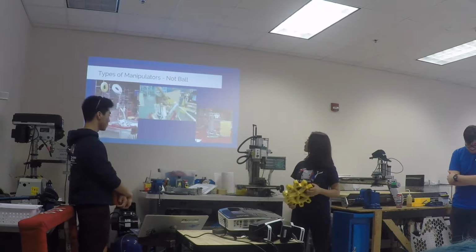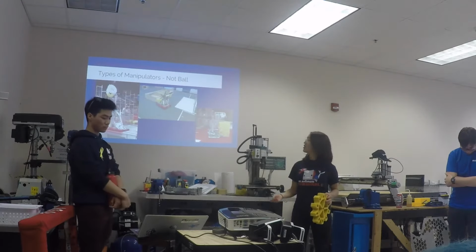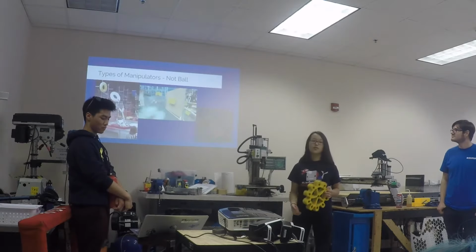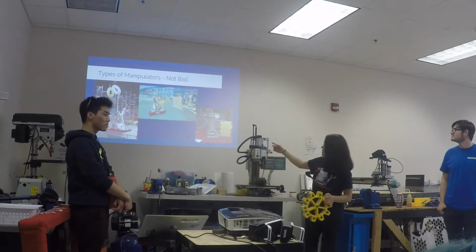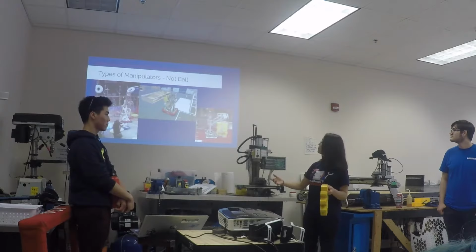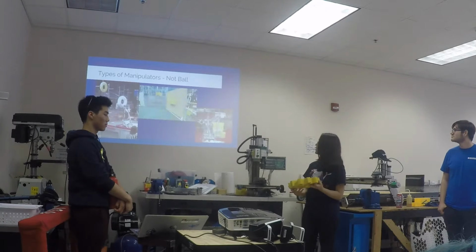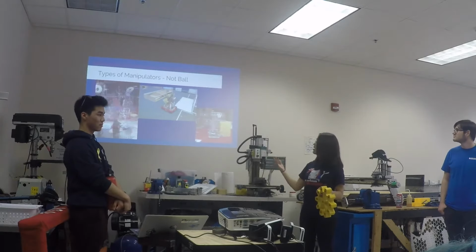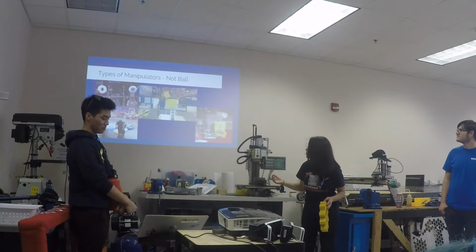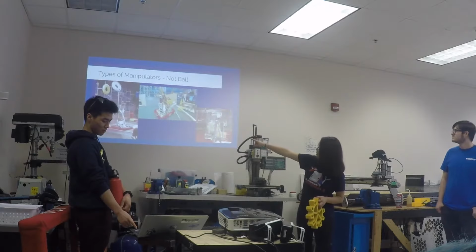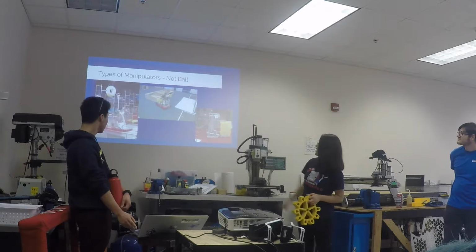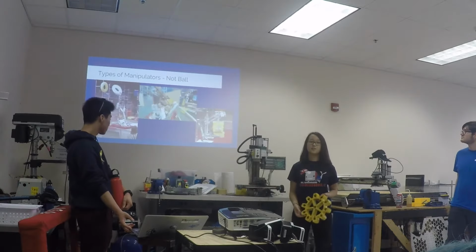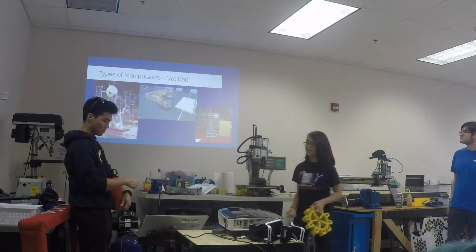And these manipulators are usually elevators or arms, or in the case of 118, they have an intake that picks up the cube and then has a separate manipulator to grab the cube and move it. And I'm not sure what team it is over there, but the one on the very left, it has the intake integrated with the manipulator, so you don't have to pick up the object twice.